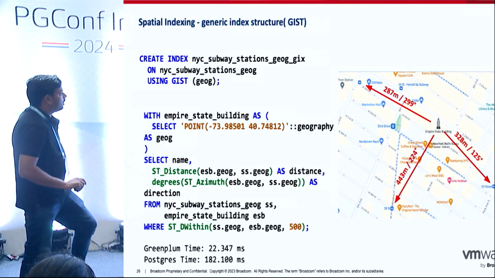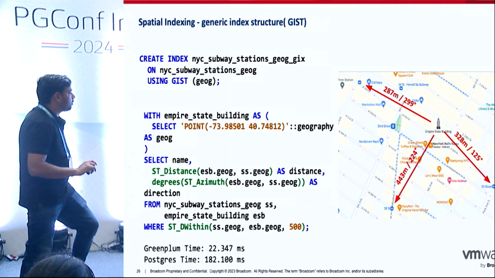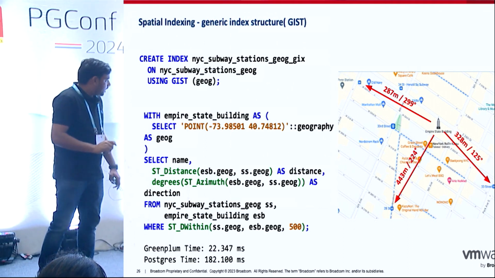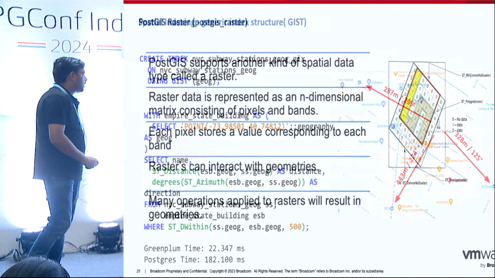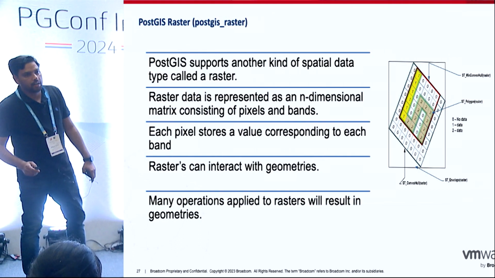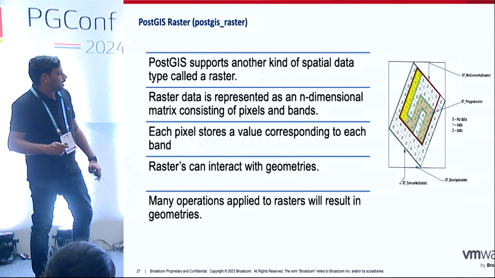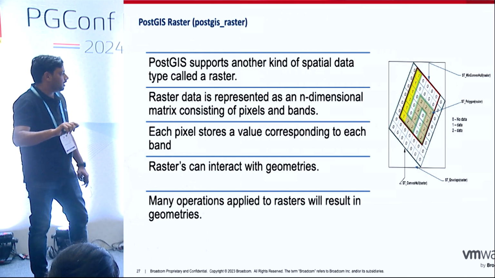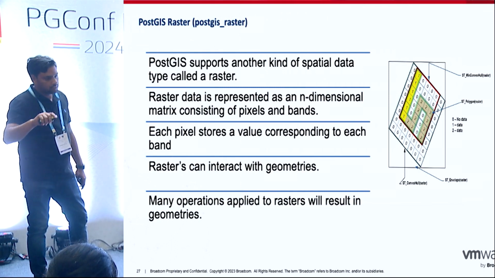Till this point, we have discussed geometry and geography, and we have run some examples on them. Now there's one more data type I mentioned earlier, which is the raster data type. Raster is basically an n-dimensional grid, a 2D grid, where you have pixel definitions.